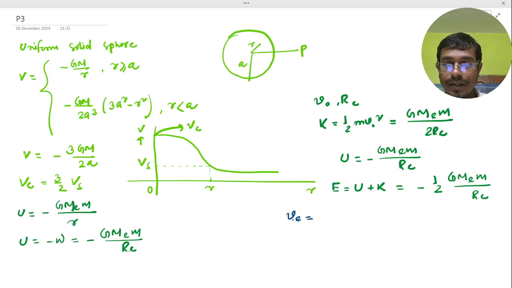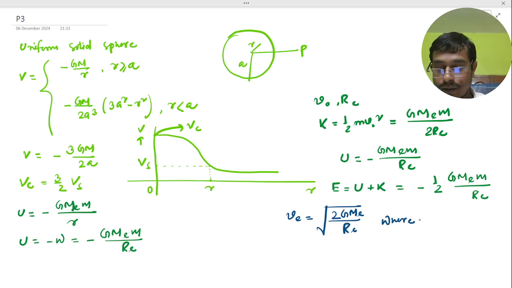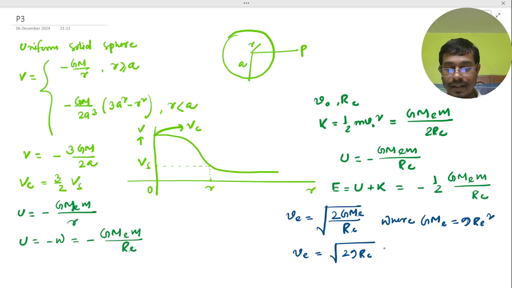The escape velocity Ve would become the square root of 2GMe by Re, where GMe is equal to g Re square, and hence in another formula, where we put GMe equal to g R square, we get the square root of 2gRe. It implies that the escape velocity does not depend on mass m and angle of projection.